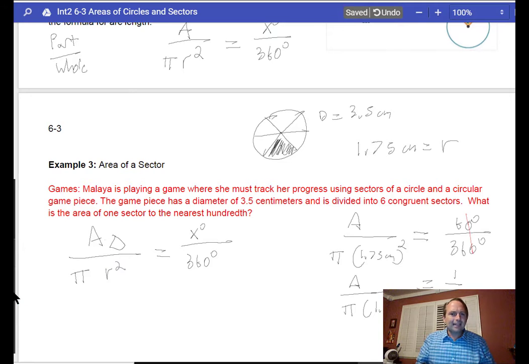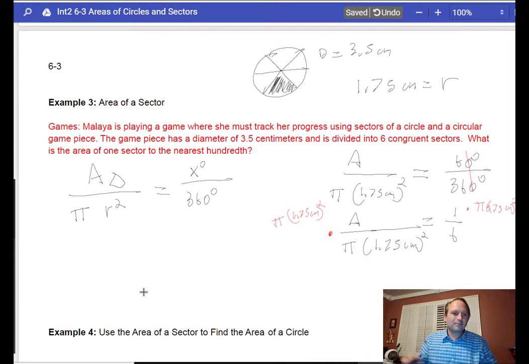So I want to get this A by itself. So the bottom part, how do I get rid of division? I'm going to multiply. I'm going to multiply the bottom by pi, 1.75 centimeters squared on top. I'm going to multiply this by pi, and then 1.75 centimeters squared. Oh, that's kind of hard to read right there.